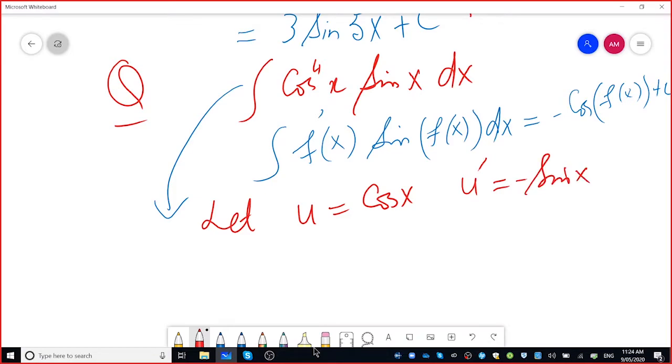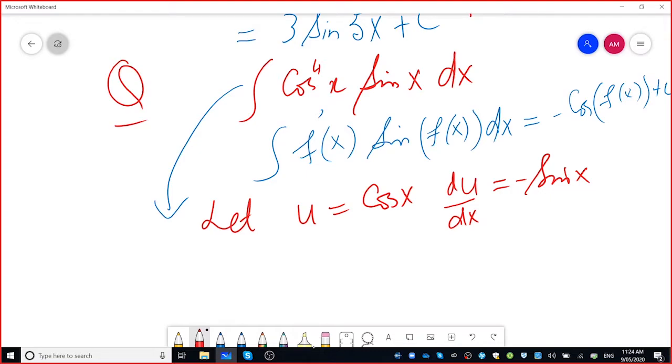And u bar is du upon dx. Okay, let's do that and put it there.